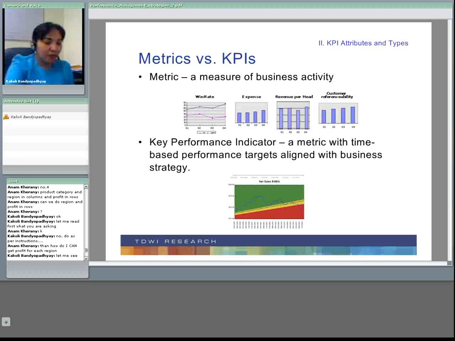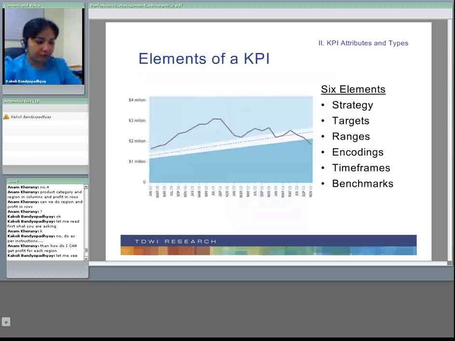Okay, now the elements of a key performance indicator: there are 6 elements. One is strategy, which talks about the strategic objective. Then we have targets.